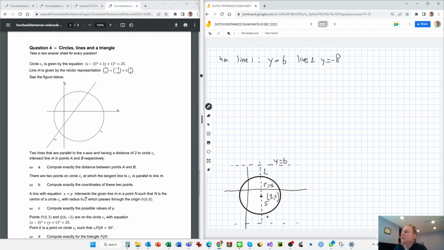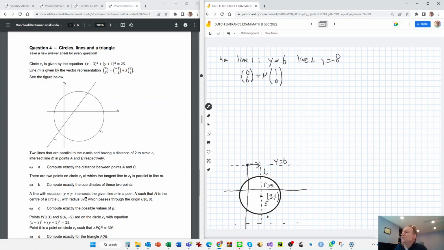So the expression of line 1 will be: we first take an arbitrary point on the line, plus a unit vector to the right. The expression will be (0, 6), the coordinates of this point, plus mu times (1, 0), which is the richtingsvector. I think I forgot the English name, pointing vector, or a directional vector probably.